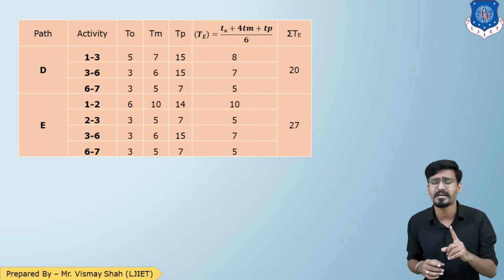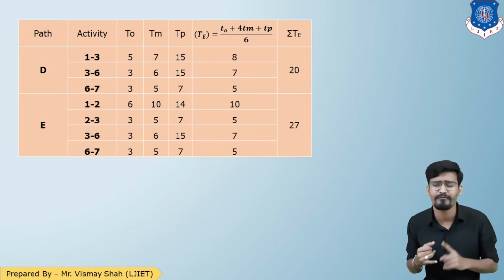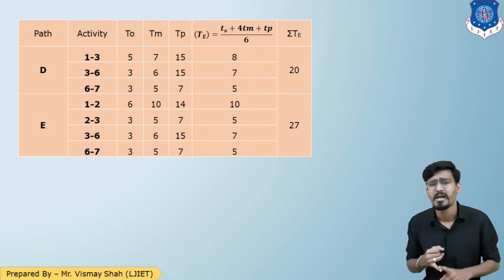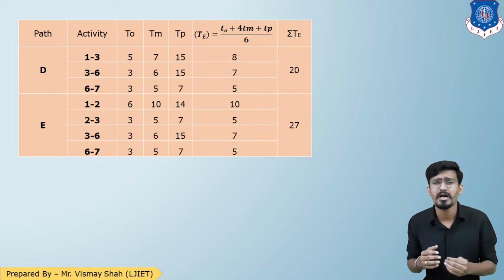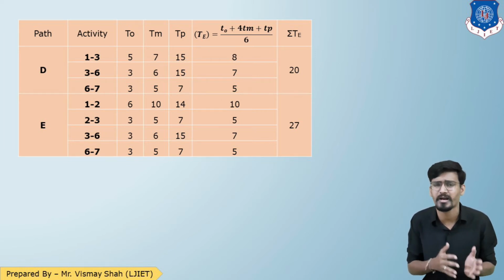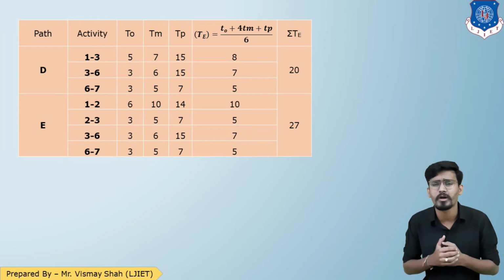So we have found the answer of the first question, that is to calculate the total expected time for each available path. Now the second question is to determine the critical path. We know that to find the critical path in any network, whether it is CPM or PERT method, we need to conduct forward and backward analysis.